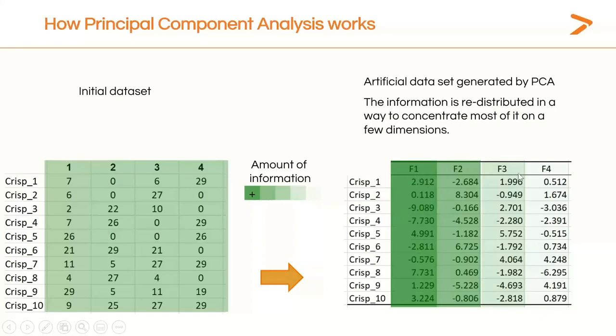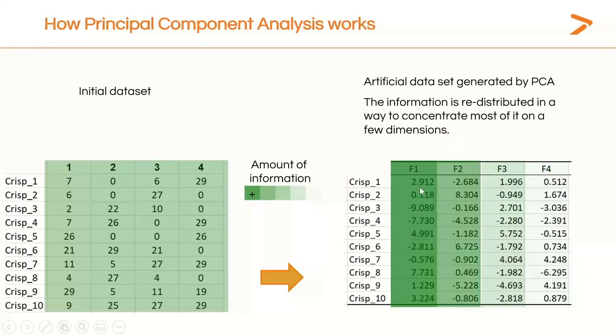See here, I have another data set with also the same rows. So each row corresponds to one of the products. But the numbers here are artificial. Don't try to understand what they refer to, because they don't really have a direct interpretation. They are linear combinations of these numbers. The most important thing you should know in this case is that the first dimensions of the PCA capture the biggest amount of information from the initial data set.